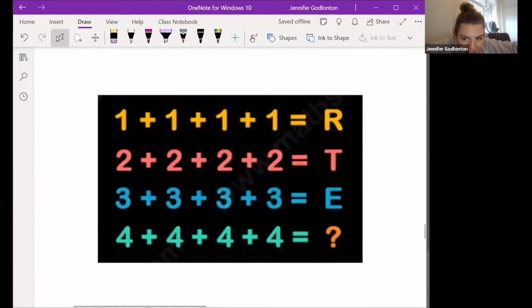First puzzle, I want to know what that question mark is. No, you can't just give all the letters of the alphabet.